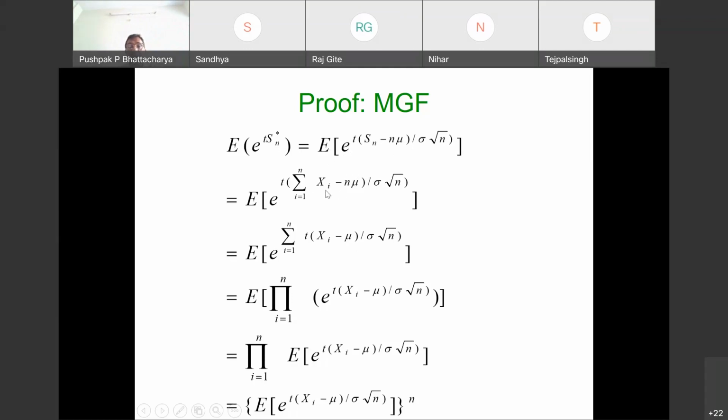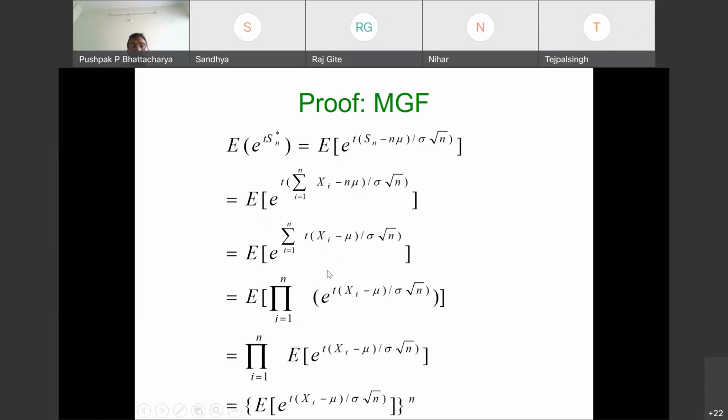Now Sn star is the sum of xi minus n mu divided by sigma root n, where i goes from 1 to n, because we have n random variables and their mean and standard deviation are the same.